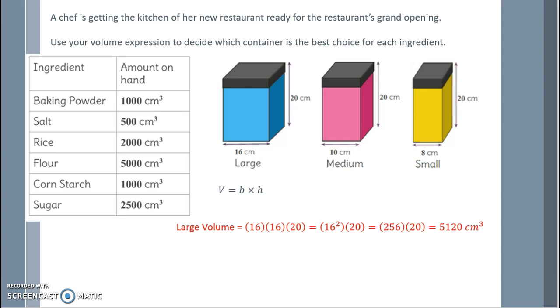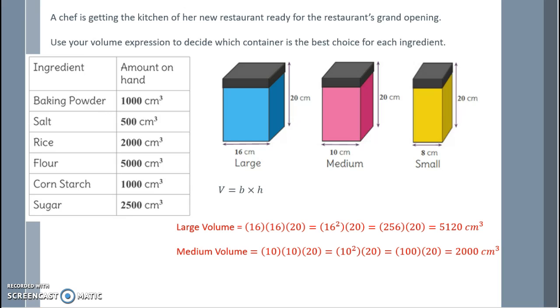So when I look at my large container, we have 16 times 16 times 20, so width times length times height. This is the same as 16 squared times 20, and 16 squared is 256 times 20, so 5,120 centimeters cubed.